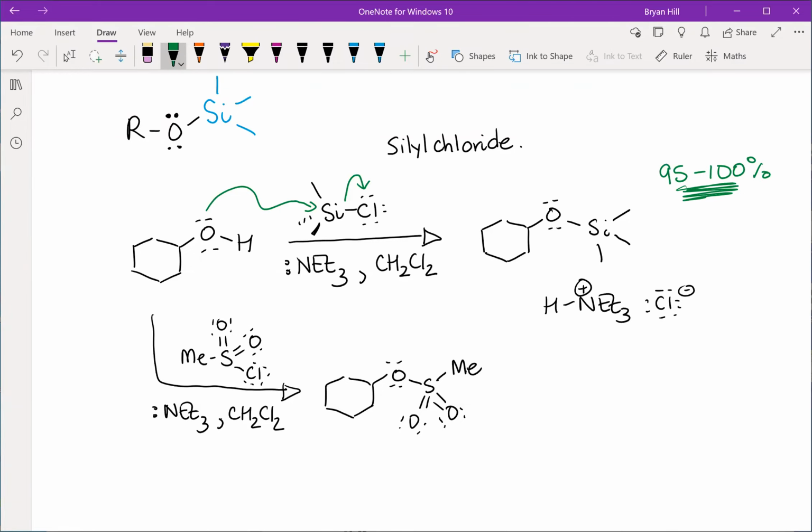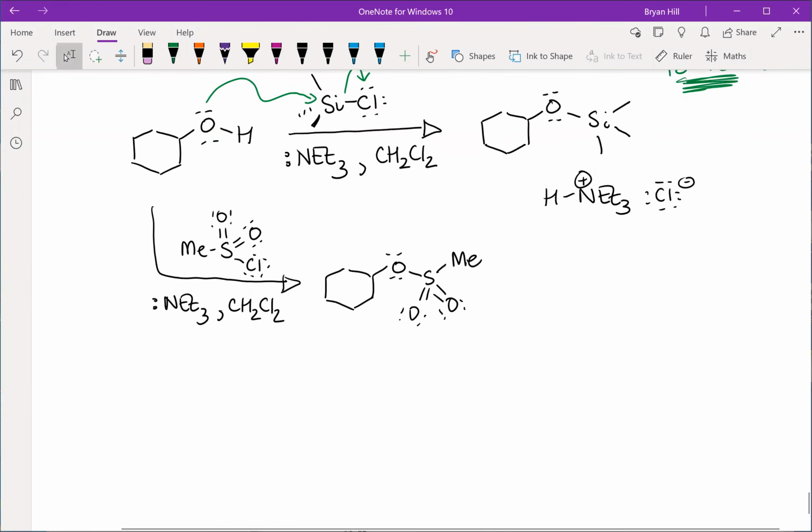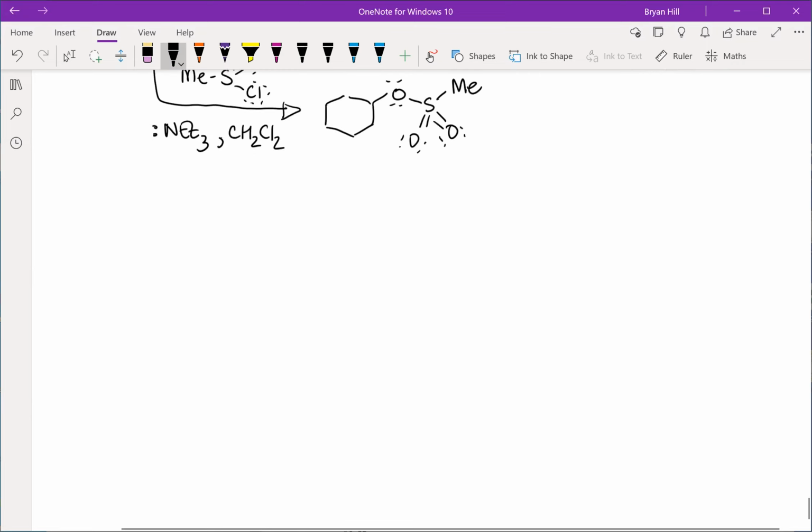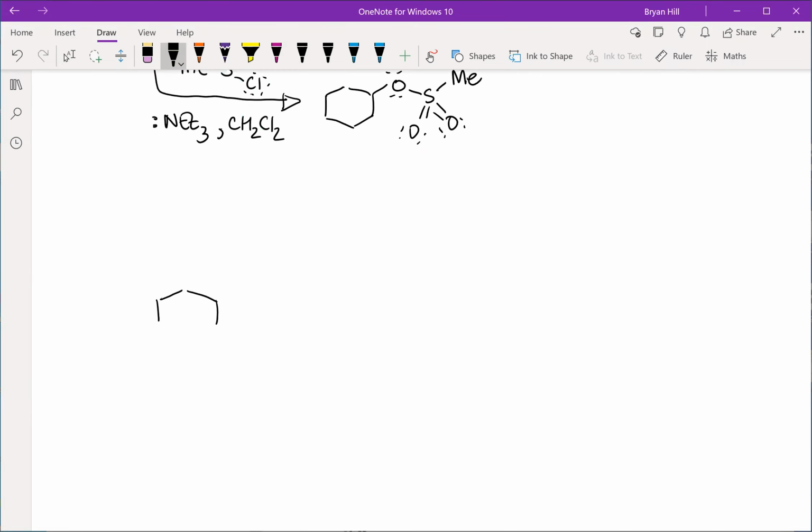You need a high yield to put it on, but you also need a high yield to take it off. And one of the most common ways to do this is with fluoride.